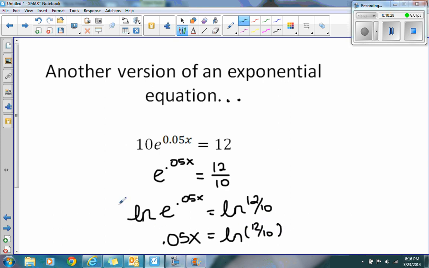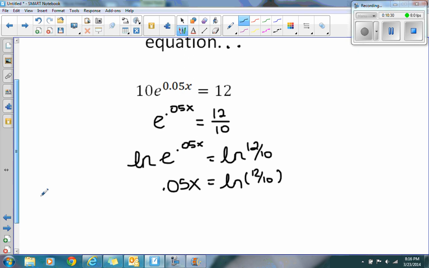Then our last step in the problem is to divide both sides by 0.05. And then we can round to whatever accuracy we feel like we should round to.